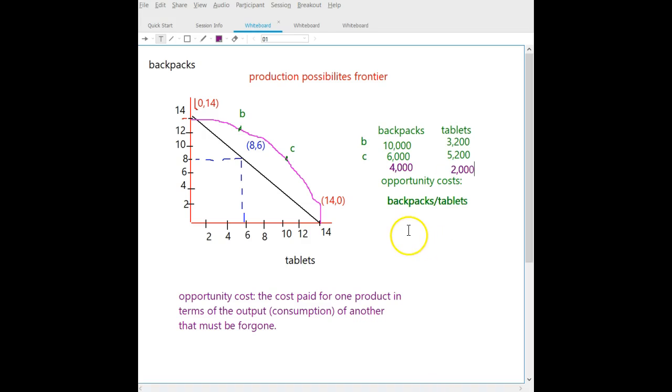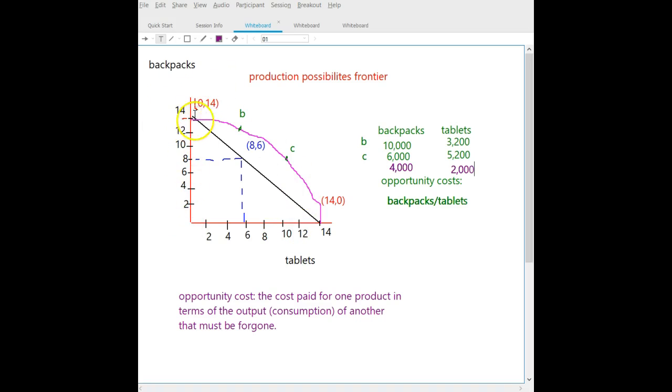So what we have down here is a division of backpacks by tablets. For our movement from point B to point C, what would be our opportunity cost? You can see that as we move from point B to point C, we're gaining more tablets, but we're losing backpacks.